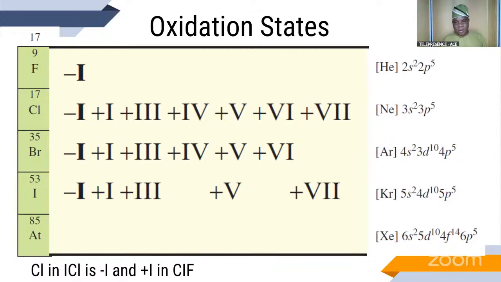So these elements, as you can see, have ns2, that is 2 electrons in the s orbitals, and 5 electrons in the outermost electronic shell. Each halogen atom in its ground state can accept one electron from an element which is less electronegative than it.